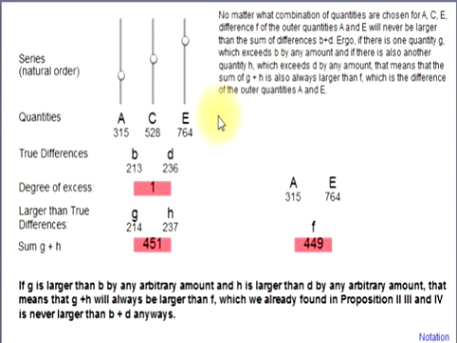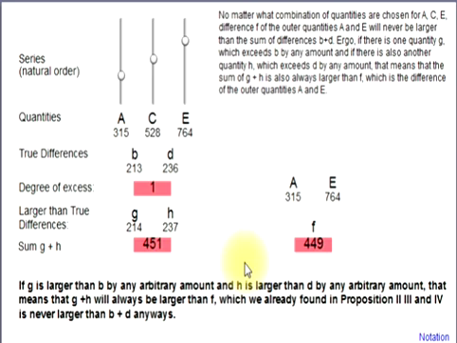And you see, in this case, the sum of G plus H, which are the true differences B and D exceeded by 1, is of course going to exceed the outer difference of A and E by a number of 2, because the degree of excess, as we call it here, applies to the true differences B and D. So the sum of G and H exceeds the difference between the outer elements by a number of 2: 1 from this side and another 1 from this side, making it 2.